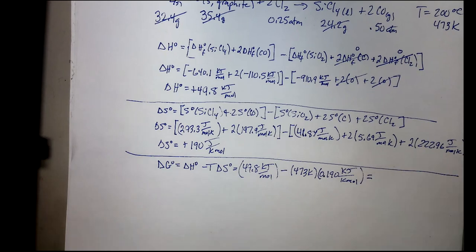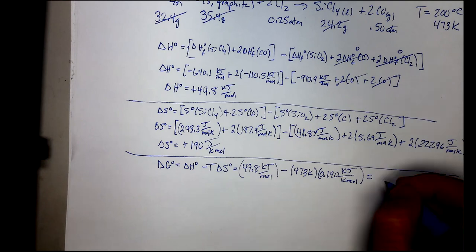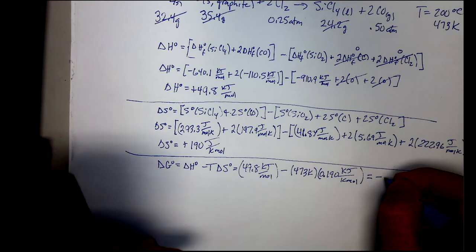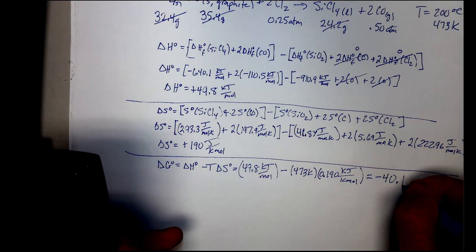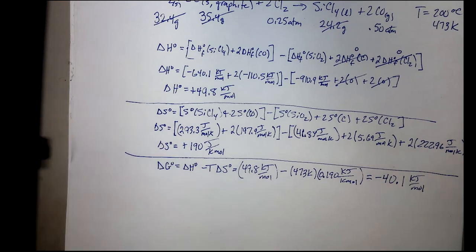That may very well be hot enough, but let's go ahead and check. 49.8 minus 473 times 0.190 gives us a negative 40.1 kilojoules per mole. So we would say that this reaction tends to be spontaneous.